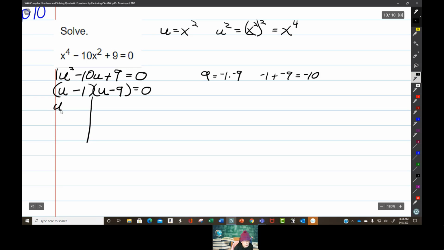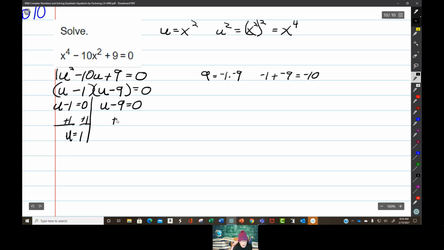Now, u minus 1 equals 0, and u minus 9 equals 0. I add 1 to both sides, so I get u equals 1.